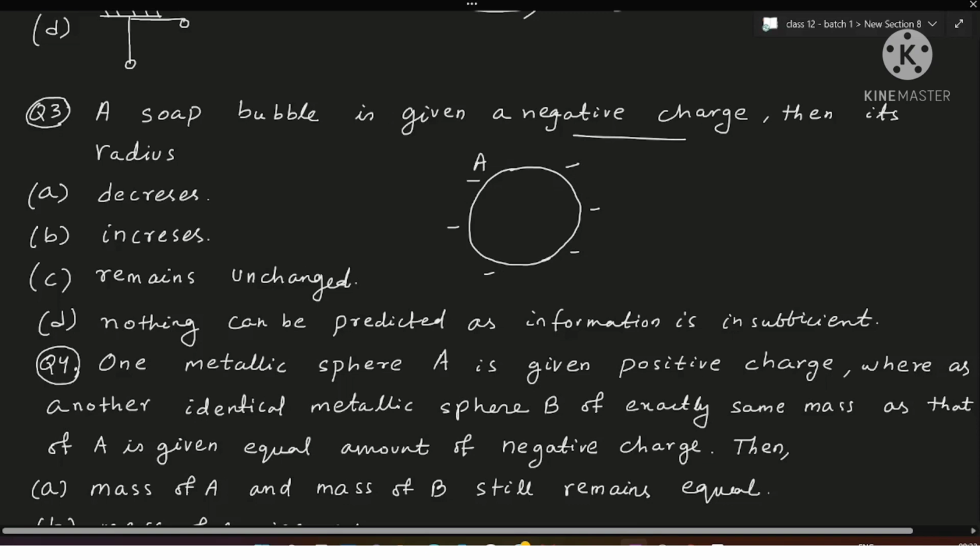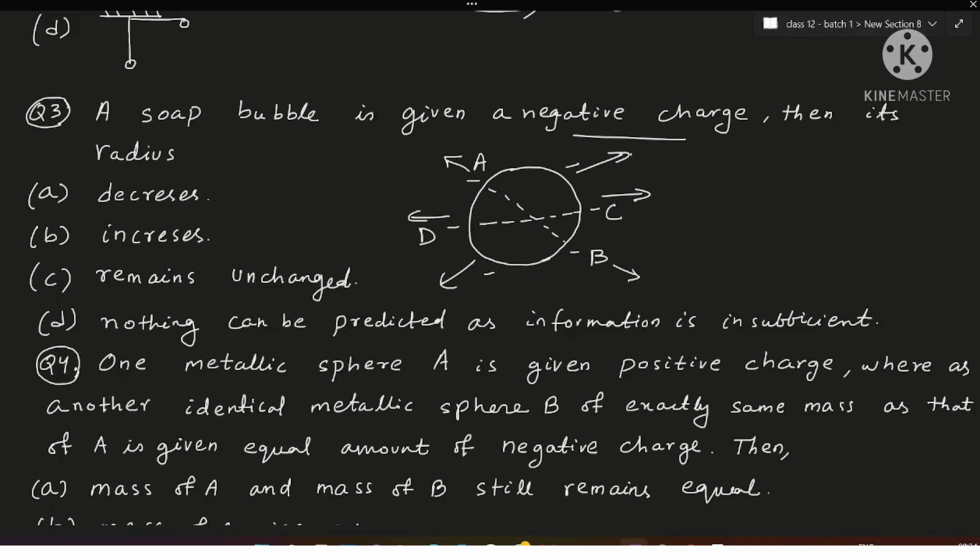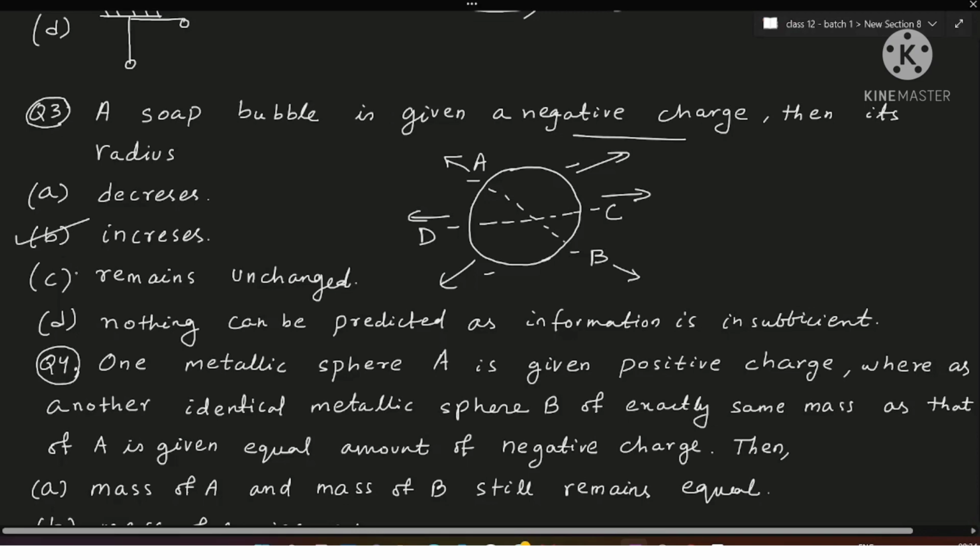Suppose this is point A, this is point B. A and B are diametrically opposite points. So what will happen? They both will get repelled from each other. Similarly, suppose this is point C and this is point D. These are also diametrically opposite points, so they will also get repelled from each other. So as a result, the radius of the soap bubble will start to increase. Due to repulsion between the diametrically opposite points, the radius increases. So here the option will be B again.